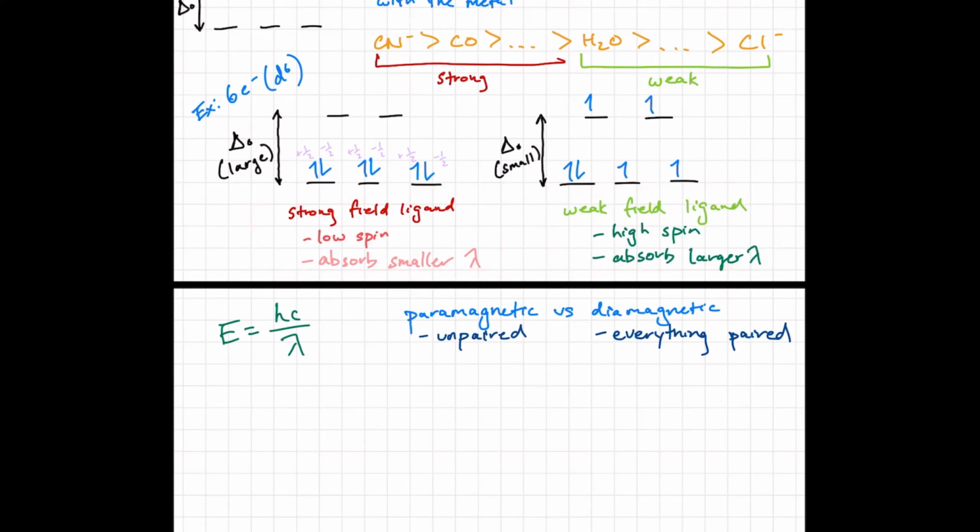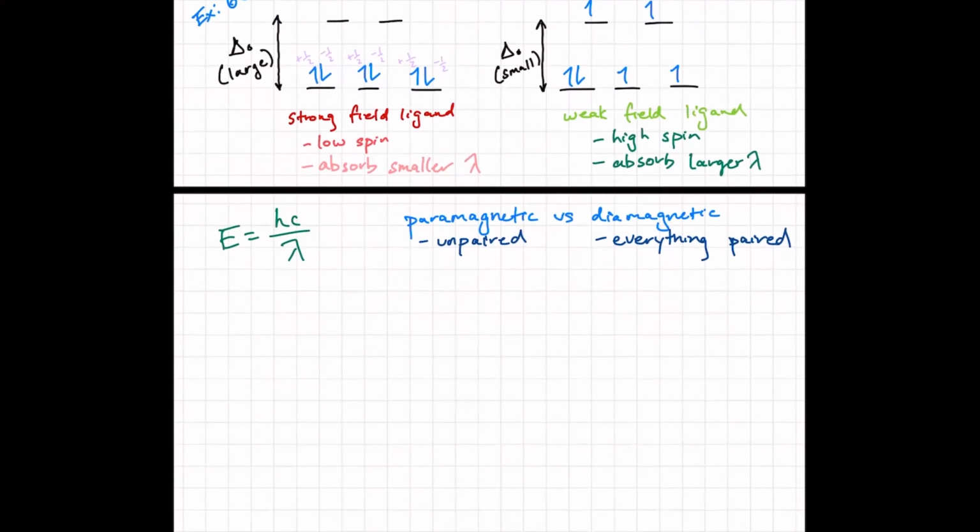And so, kind of reaching the end, two more things. If you have a tetrahedral complex, delta T, we use T for tetrahedral. Tetrahedral has it flipped.